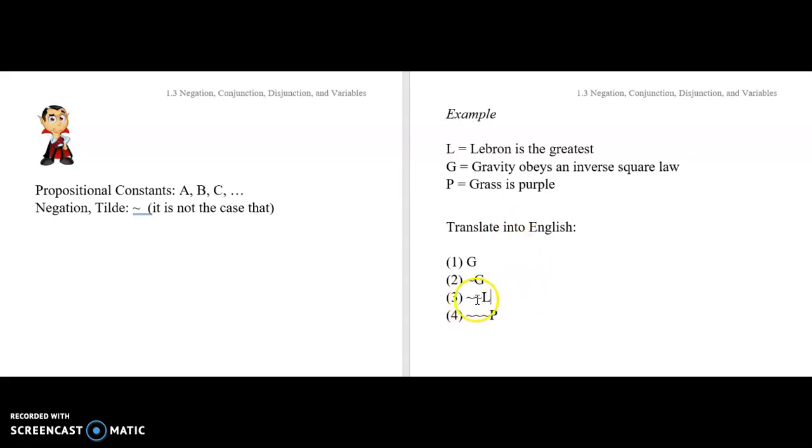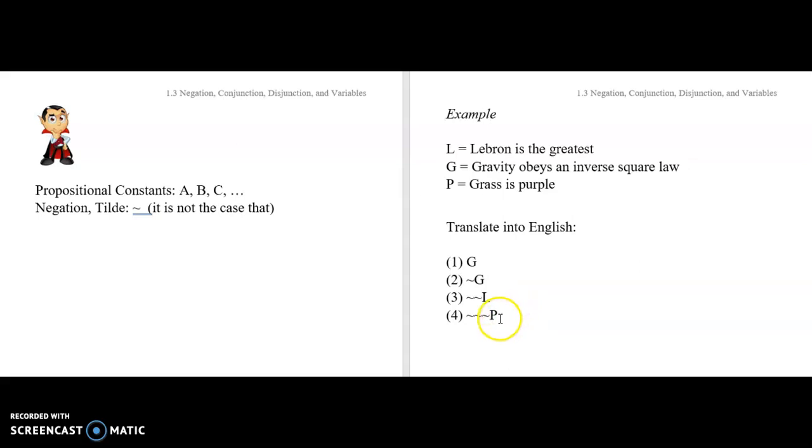When you see this, I literally want you to translate it all the way out. You'll see the reasons for that later, but it's a really good habit to say, this is technically correctly translated: it is not the case that, it is not the case that LeBron is the greatest. And of course, intuitively, that is logically equivalent to just plain old L all by itself.